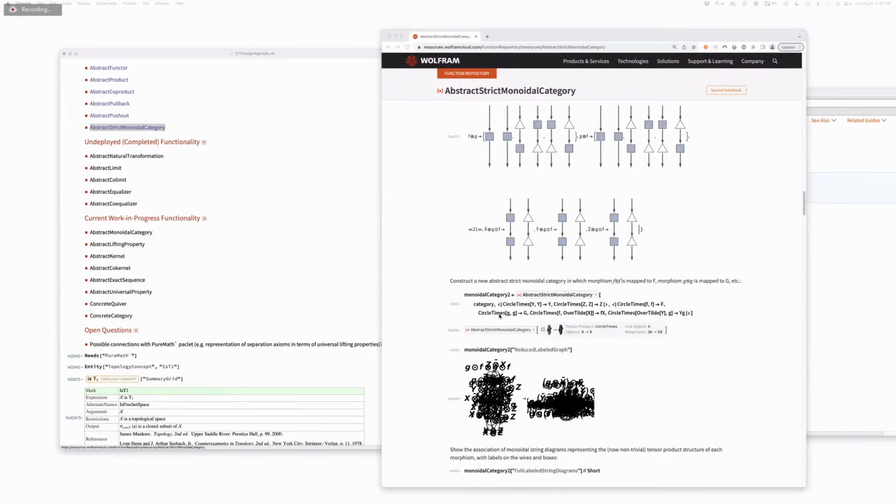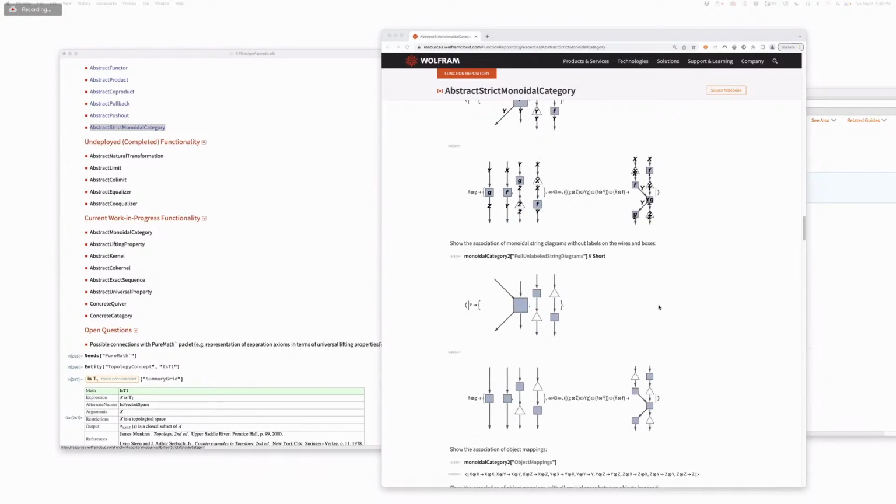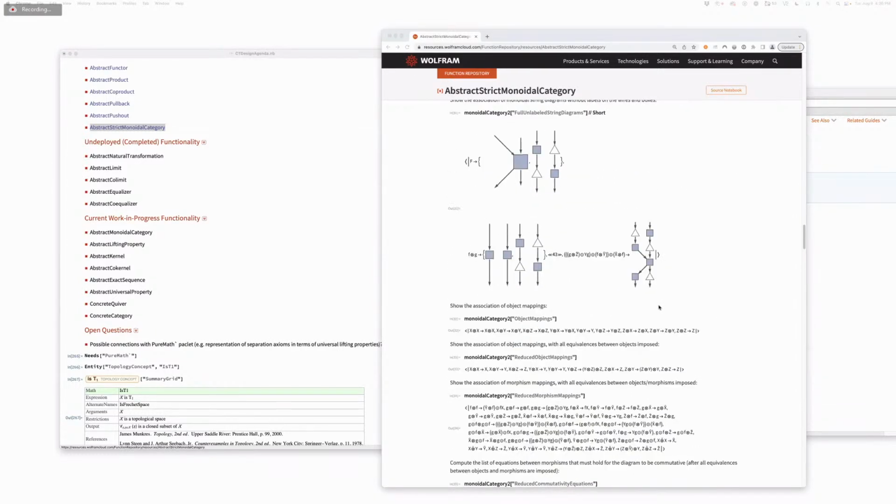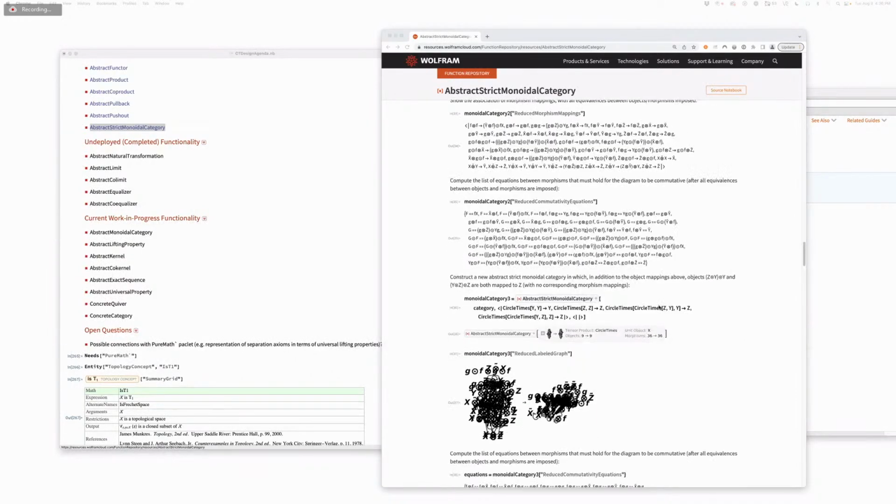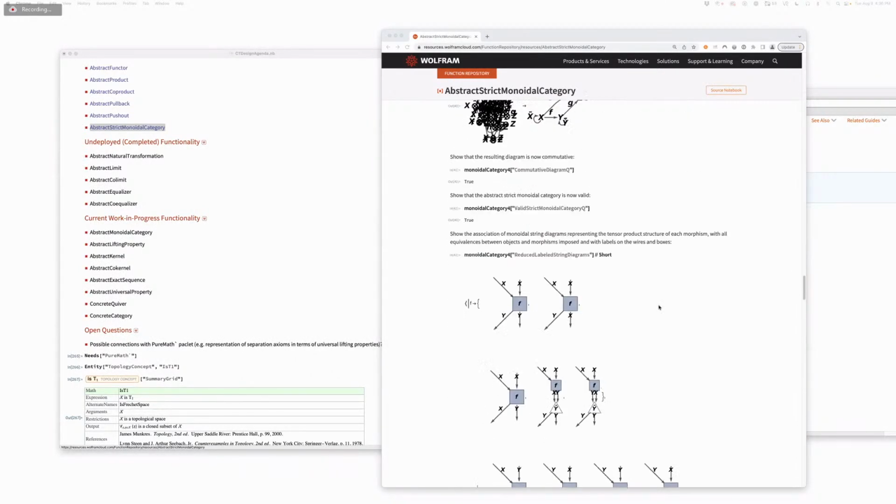Here in the definition of the monoidal category, we've said F tensor F goes to big F, G tensor G goes to big G, etc. Okay. And that's what's being reflected there. And so once you've got these spiders with more than 2 legs, there are different ways you can plumb them together.